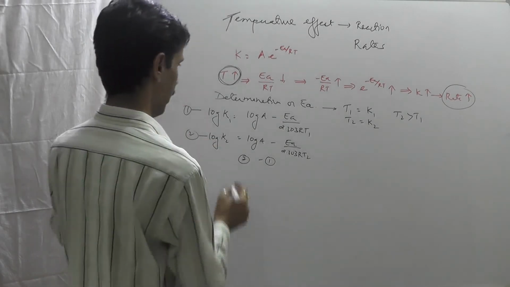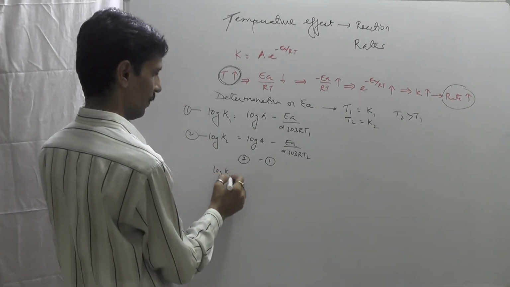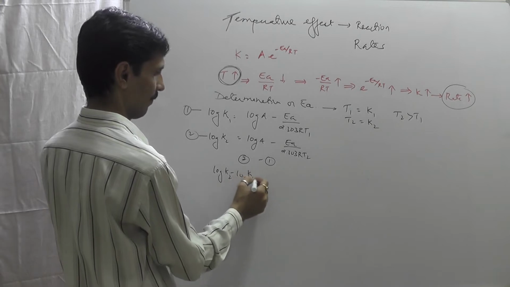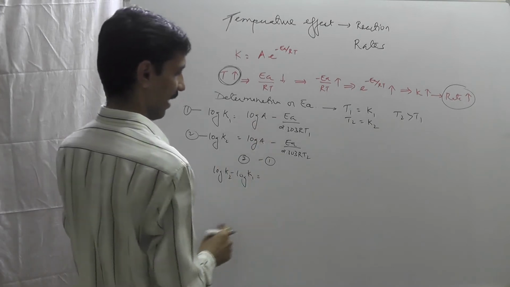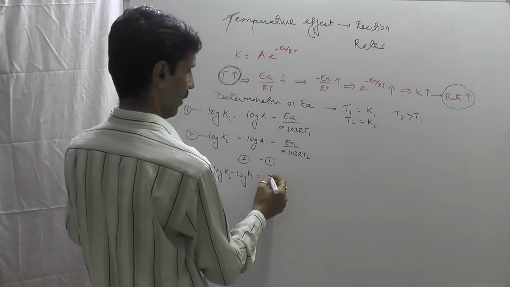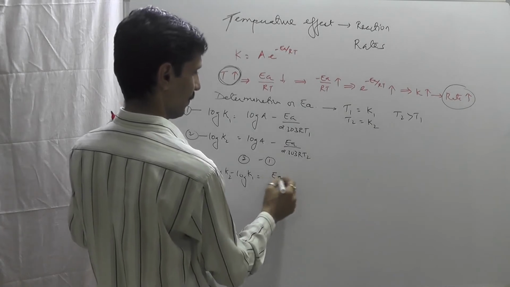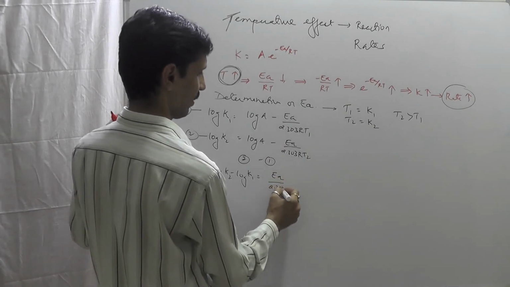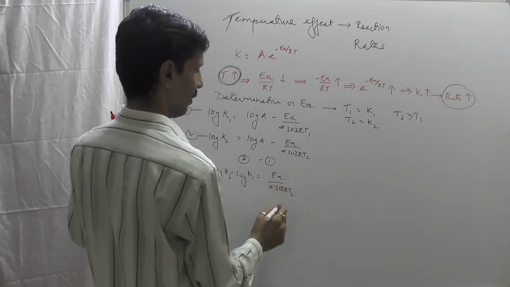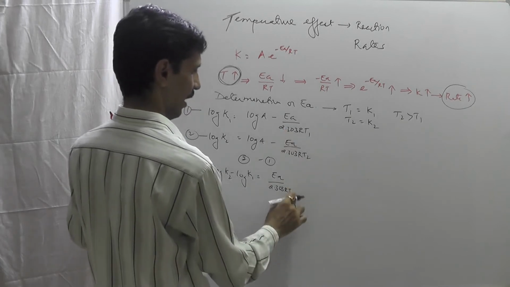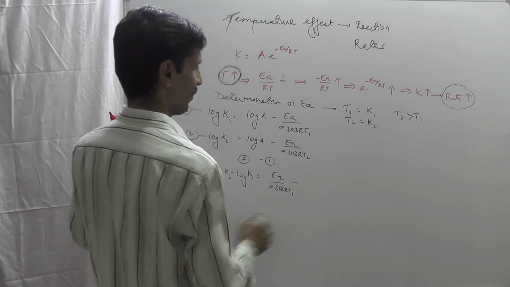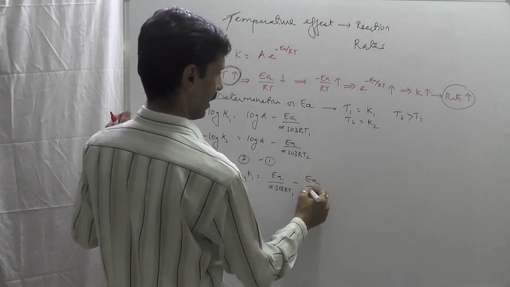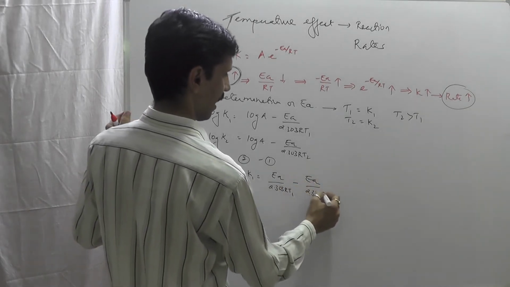So 2 minus 1, तो हमें मिलेगा log of K2 minus log of K1. Log A minus log A gets cancelled. Okay, so what we get now is that is equal to Ea upon 2.303 R, okay, this is what I'll make it as T1 minus Ea upon 2.303 R T2.